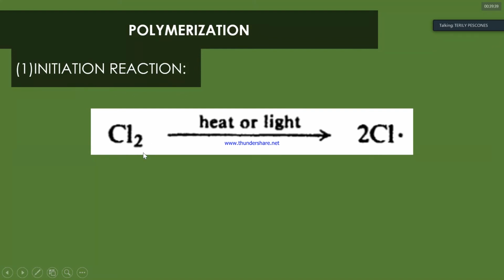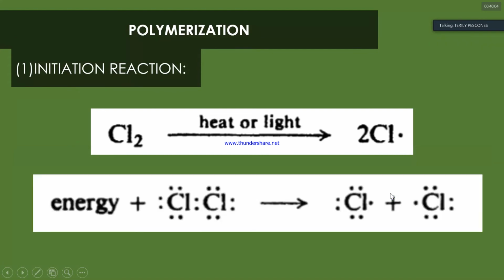We have chlorine gas, an existing gas. When chlorine gas is heated or passed through light, it separates into two chlorine atoms. We call this a molecule, and we call this an atom. So they separated, which is called cleavage.